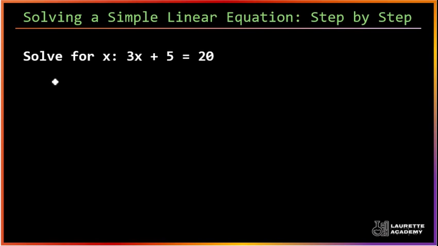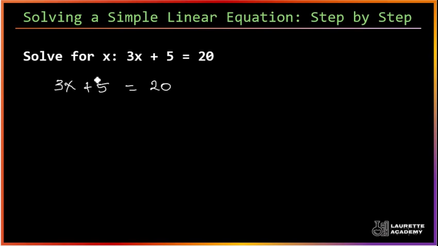So, let me rewrite the equation down. 3x plus 5 equals 20.